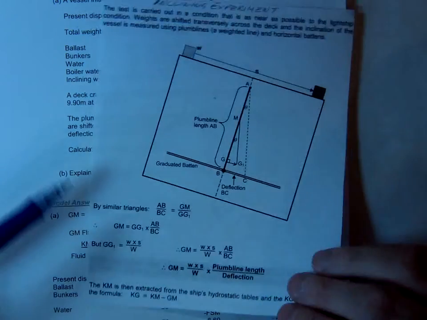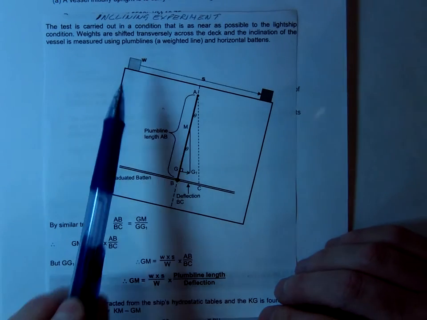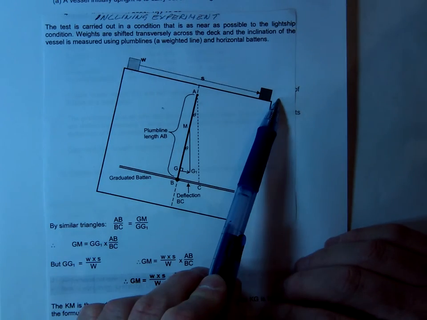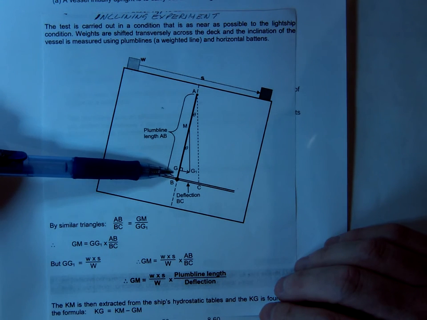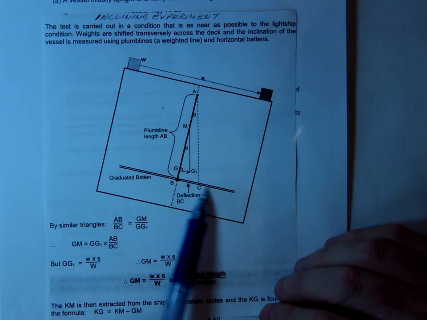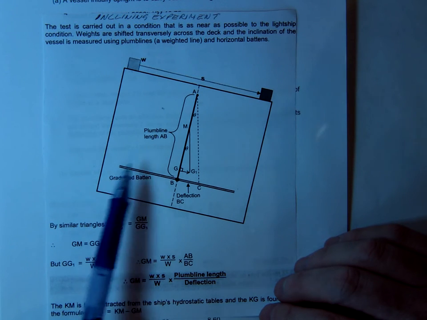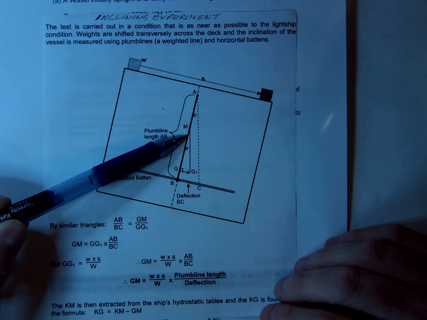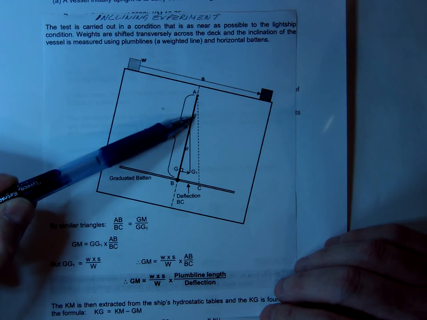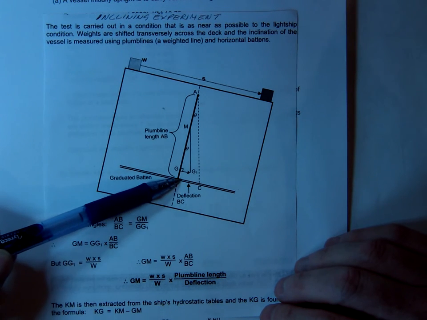So if we look at the sketch with an inclining experiment, what's going to happen is the weight is going to be shifted across. We're going to have a plumb line and a graduated batten here, and then as the vessel inclines, this plumb line is going to go over at an angle, and we're going to have a deflection.